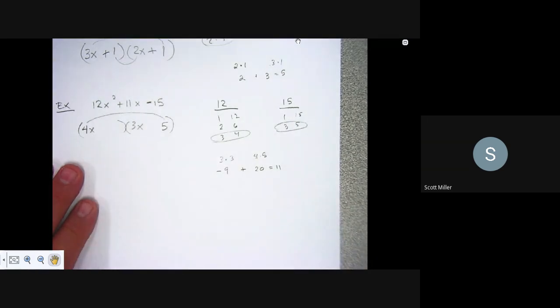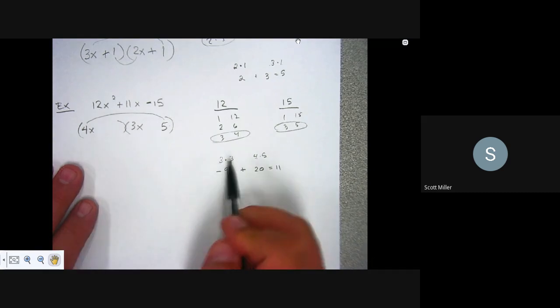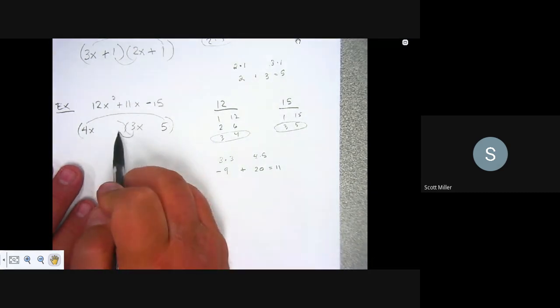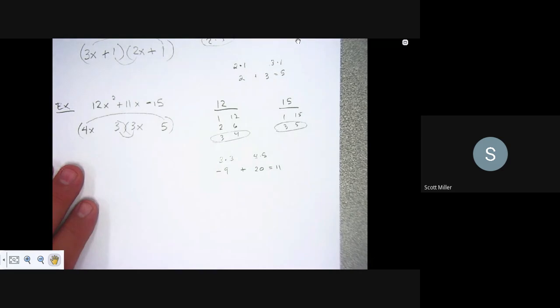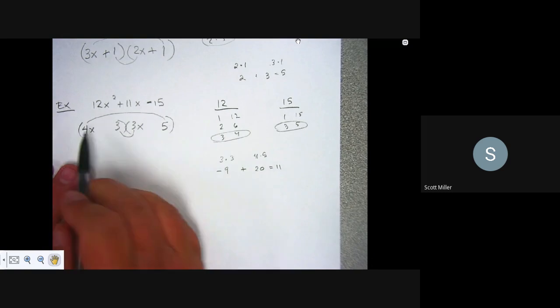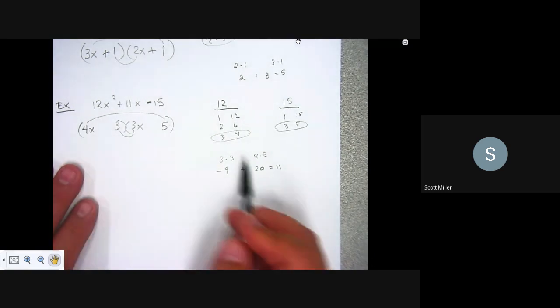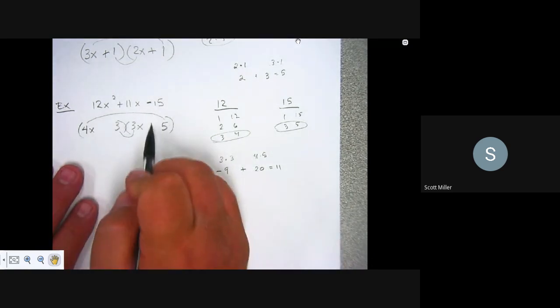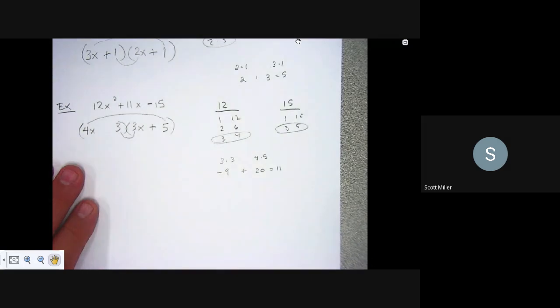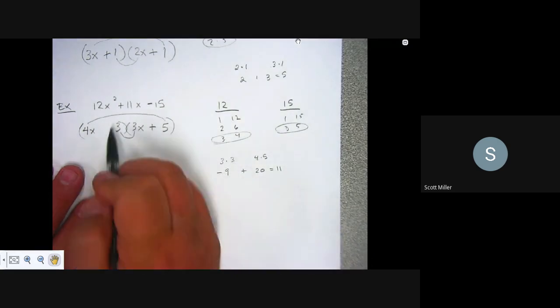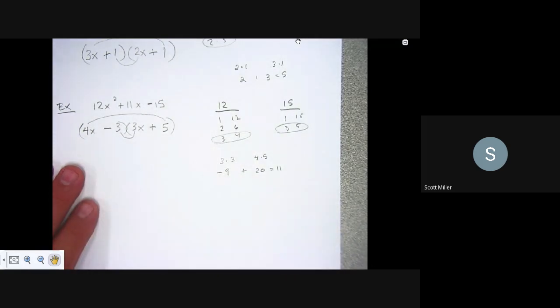That's how you know where to put it. 3 has to multiply to 3, so this 3 has to multiply to the 3 right here. This times that is 20, and 20 had to be positive, so that one's plus. The 9 had to be negative, so this one's negative. And that factoring is done.